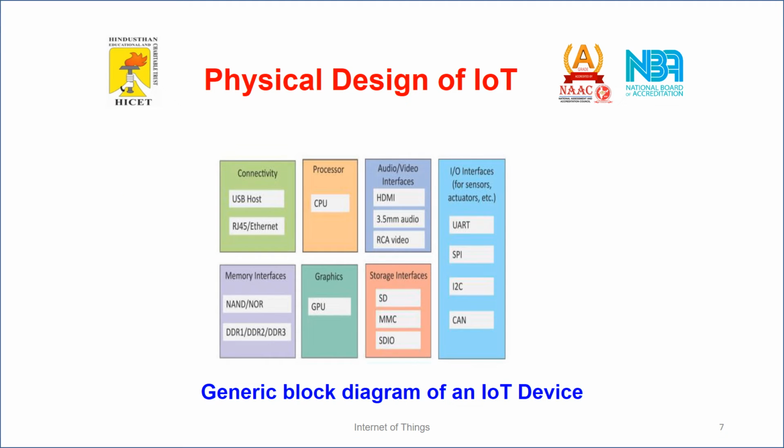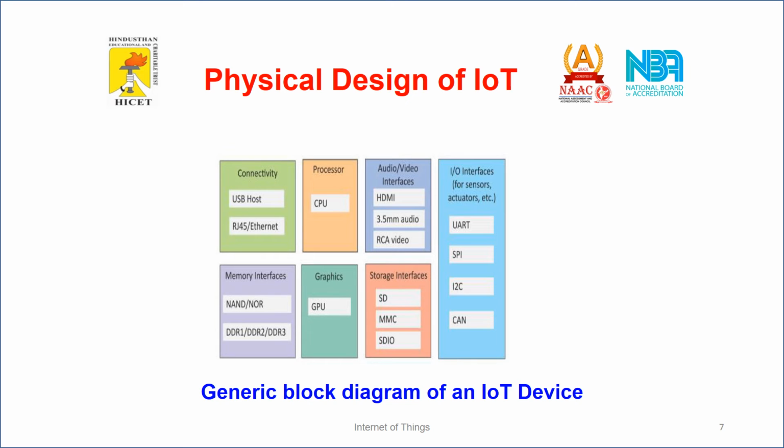You can see the block diagram of an IoT device. So in IoT applications, an IoT device must have these elements. For the processor, the central processing unit will be there in the IoT application, and it will have connectivity with USB, and memory interfaces are there.